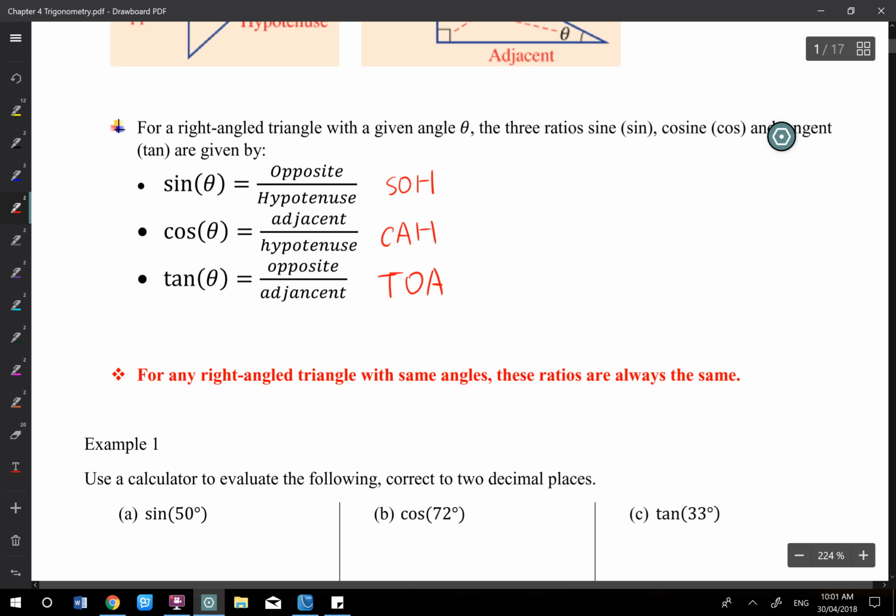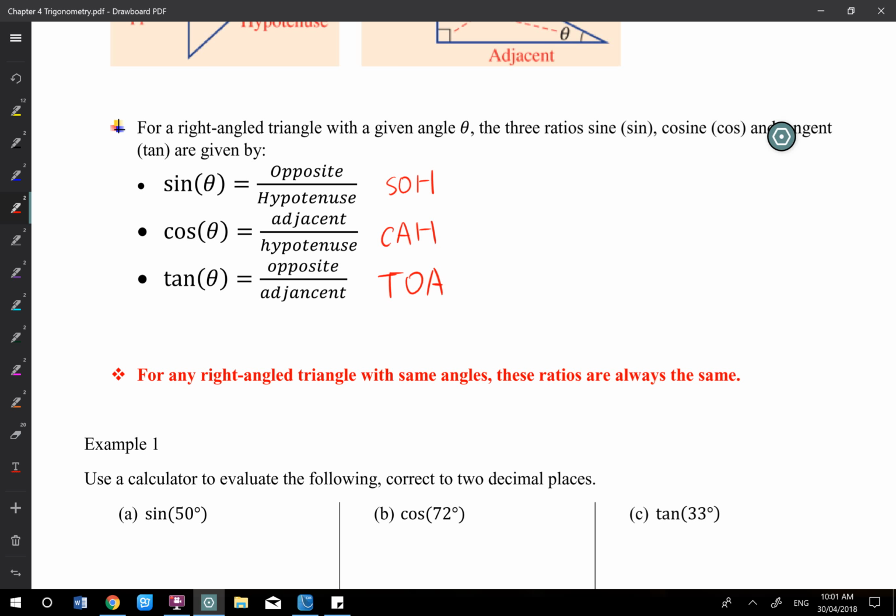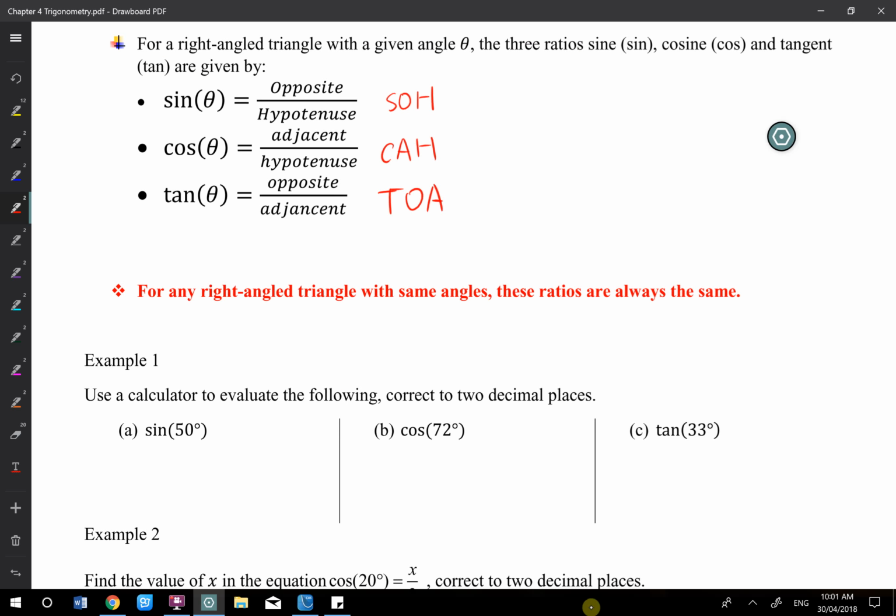Most of you will know SOHCAHTOA, which is how most of you remember it. Sine is opposite over hypotenuse, cosine is adjacent over hypotenuse, and tangent is opposite over adjacent. So that's the three ratios we have.